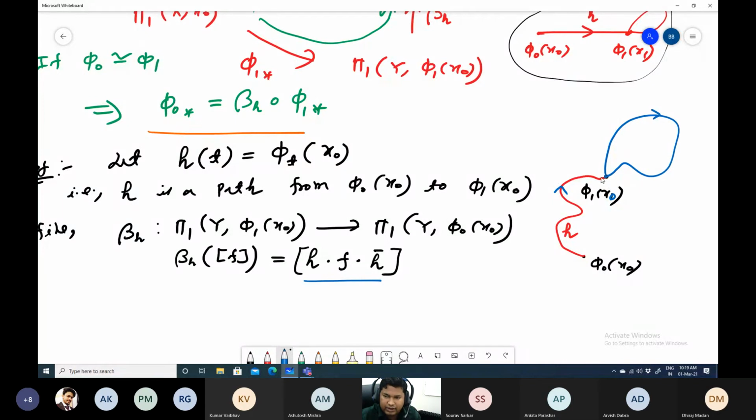This is a loop, right? And then again we go back here in this direction, so we stop here again. So this is a loop in this. Now we have seen that this is an isomorphism. We have seen that.